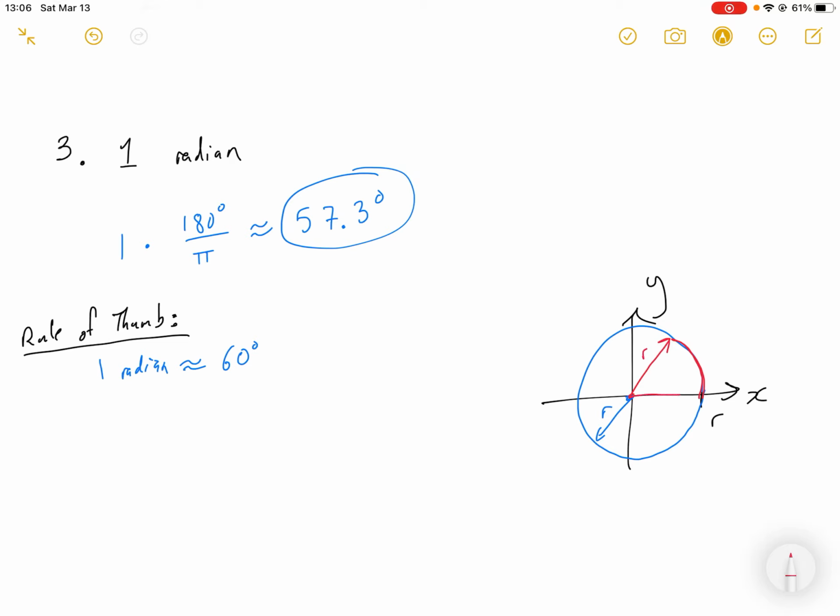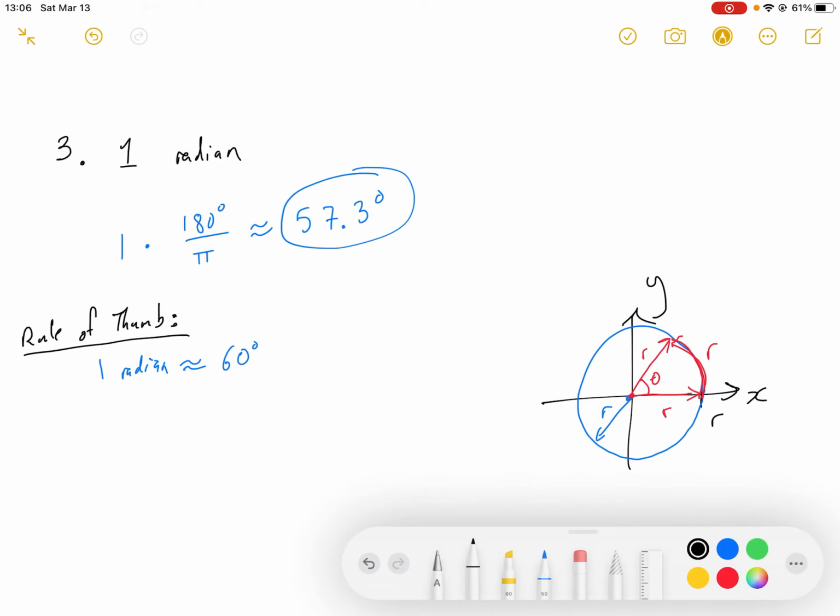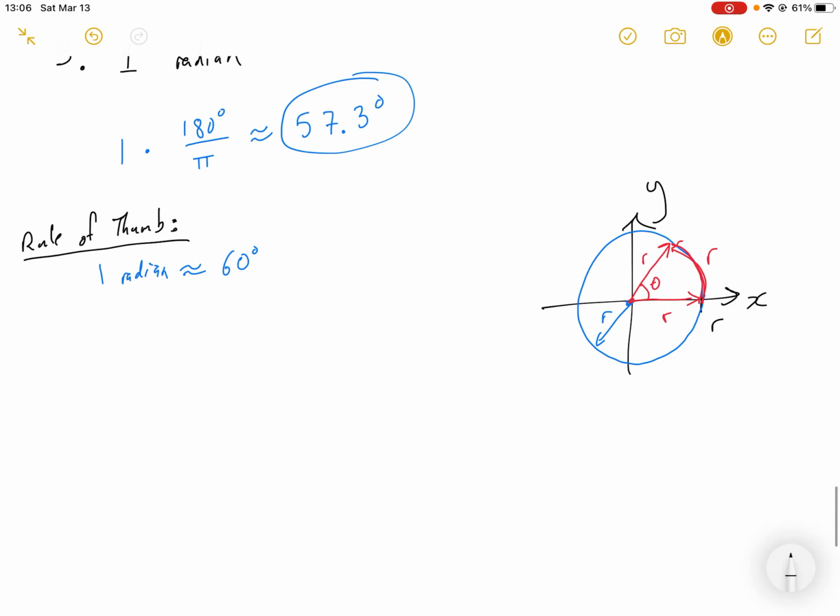So that's length r, this is length r, and then around the circle that is also length r, and then this is the angle for 1 radian. If you walked 1 radius around the circle, so for example, let's say this was 2 feet or something, if you walk 2 feet around the circle, then you would have gone 1 radian of angle in rotating around the circle. Okay, anyways, that won't really help you solve problems or anything. That's just where radian comes from.